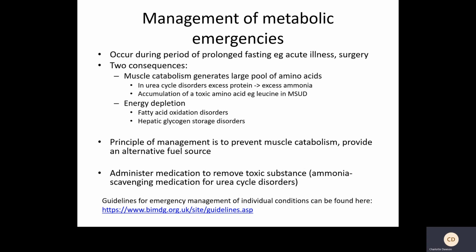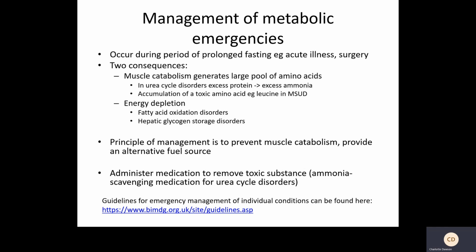So the first consequence of this is that muscle catabolism generates a large pool of amino acids, which are required as a source of energy, but also as a source of amino acids for all the other functions of essential amino acids. And in urea cycle disorders, this excess protein causes an accumulation of excess ammonia, which can't be broken down in the urea cycle.